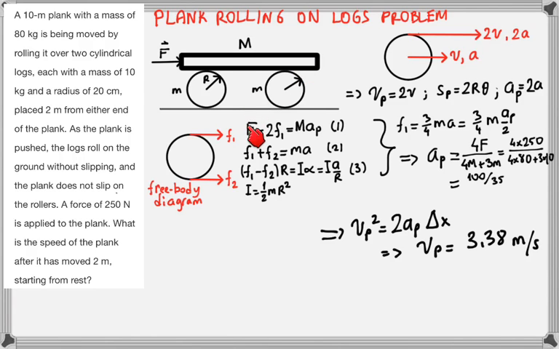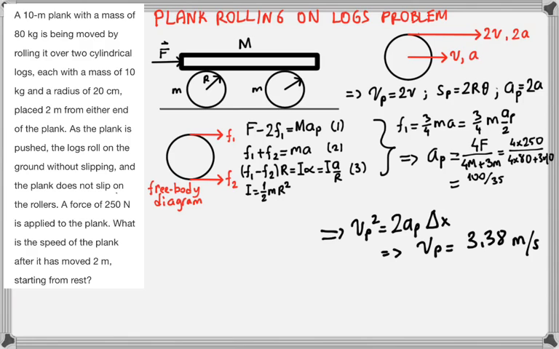If you think about the plank first, we have an external applied force F, and also the frictional force between the plank and the top point of the cylinders. If you call F1 the frictional force between the plank and one cylinder, then the plank will experience twice this frictional force against the applied force F. That means your net force on the plank is F minus 2 times F1.